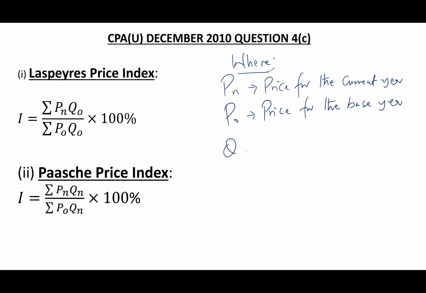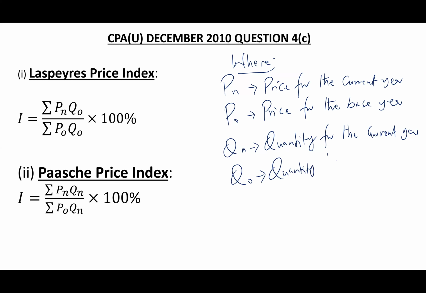Then Q_n is the quantity for the current year, and then Q_0 is the quantity for the base year. So let's put this one in our books.